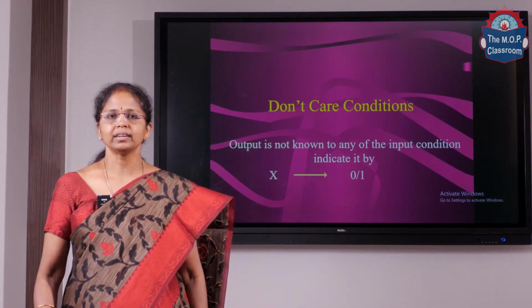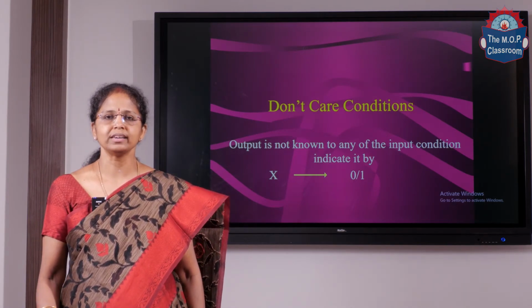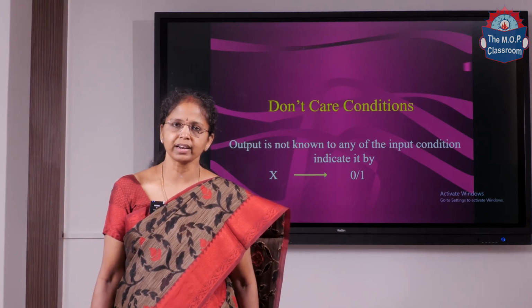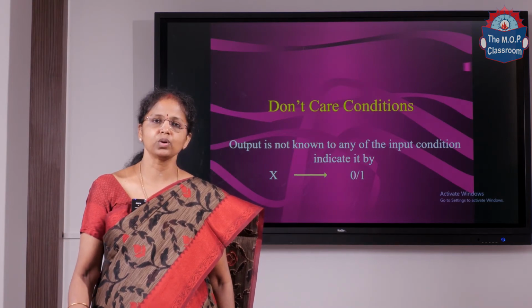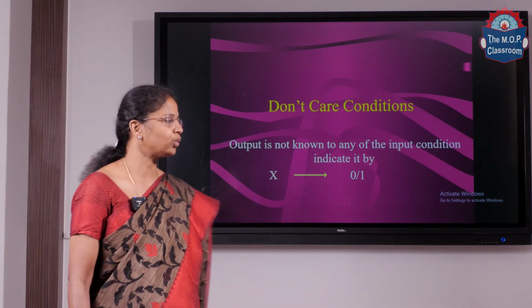We do not require the details of the output for those input conditions while designing the circuit. So, we call these input conditions don't care conditions. Those outputs can be 0 or 1, so we represent them as X. X can take either 0 or 1.